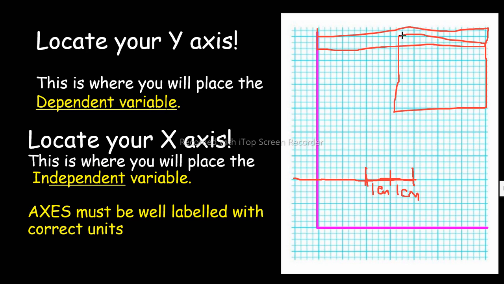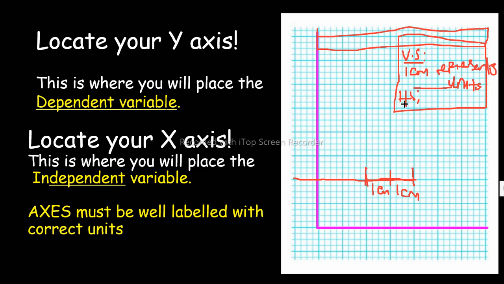Don't draw a box. Just write vertical scale. You can write the word vertical, or you can simply write VS, and then you put a semicolon or you underline, and then you write 1 centimeter represents, in full words, and then you write your scale with correct units, well stated. And then you do the same for the horizontal scale.